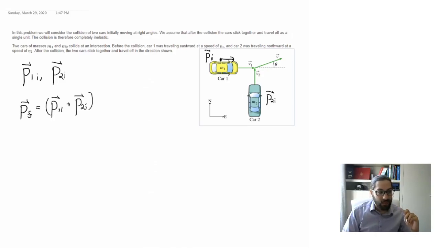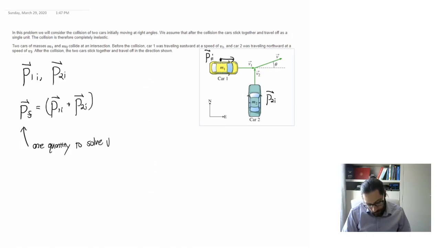If the object is stuck together, there's only one object, essentially, in the final system. Therefore, I only have one quantity to solve for. So if I know the initial momenta of all the particles in my system for a perfectly inelastic collision, I can solve for the final momenta without needing to invoke conservation of energy.